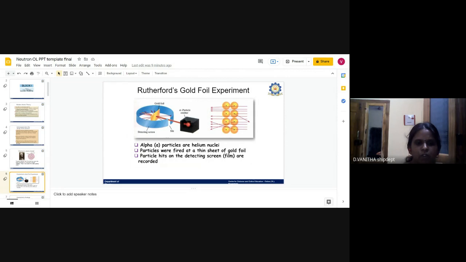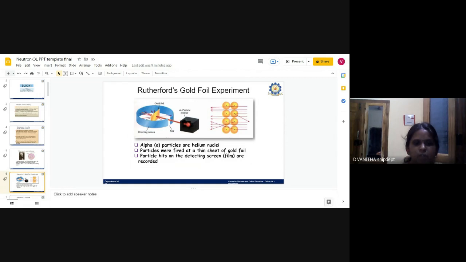The gold foil is kept inside the detecting screen, and in that screen there is a slit through which the alpha particles pass. When the alpha particles are incident on the gold foil, some penetrate through the gold foil and some are deflected back along the same path.